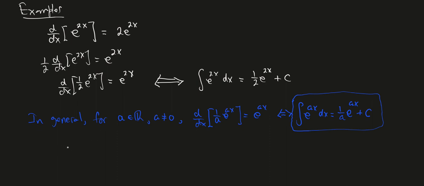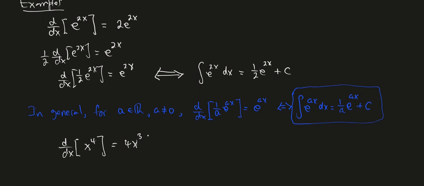So let's say we had the derivative of something like x to the 4th power, right? So then, using our power rule for derivatives, it's going to be 4x cubed, all right?